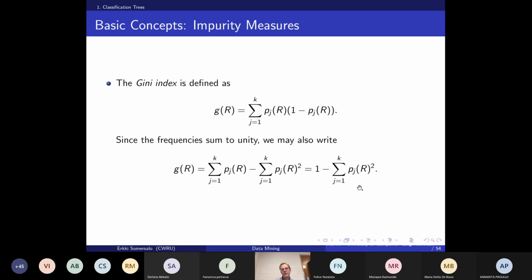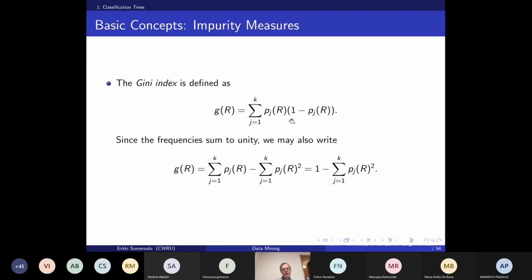Then these Pj's are all zeros except for one class, and so the Gini index will give you 0, because if you are in one class only, then either Pj is 0 if you are in the non-winning class, or 1 minus Pj is 0 when you are in the winning class. So you see that this Gini index is vanishing if you have a pure class.